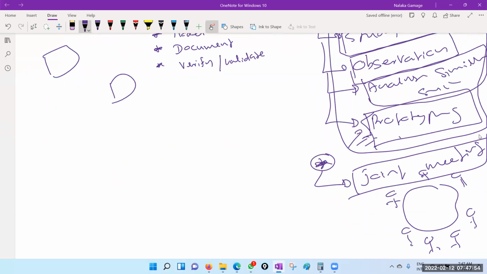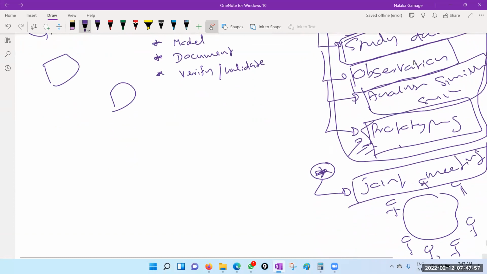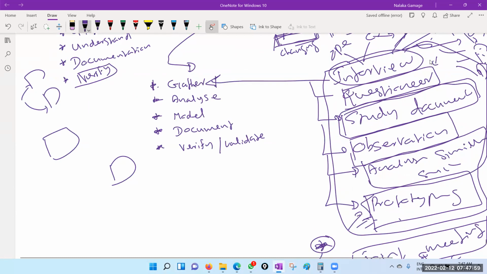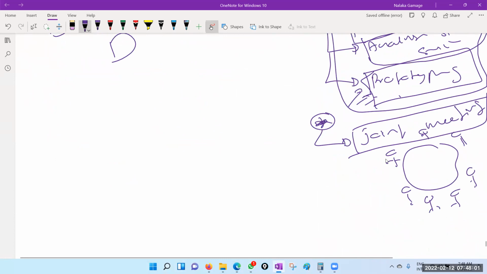It's sort of an extension of interviewing, but interviewing is one-to-one. Whereas if we can get all of them together as much as possible and have a common discussion, it's very productive. And of course, we must have our development team or the key members of the development team there.